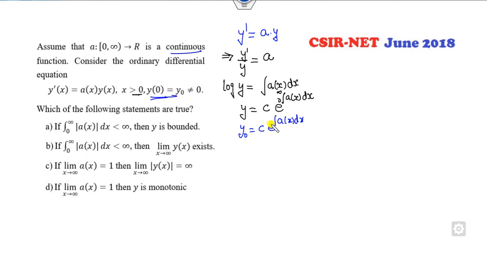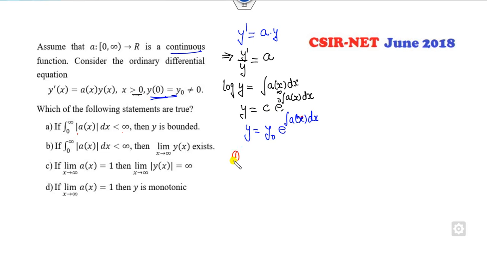So whenever it's 0 to infinity, this value becomes constant here, fine. So I can see it as y0, so I can simply take this as a constant, so y is a constant times e to the power integral of a(x) dx. Now look at that. If this integration is finite, then can you say it is bounded?